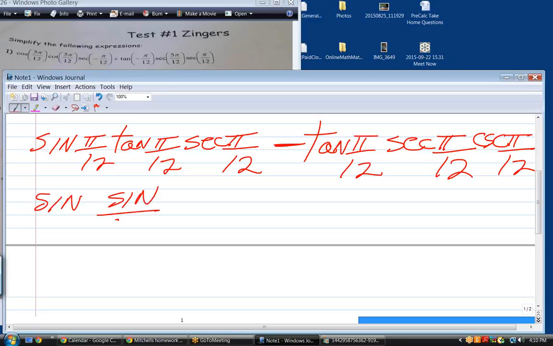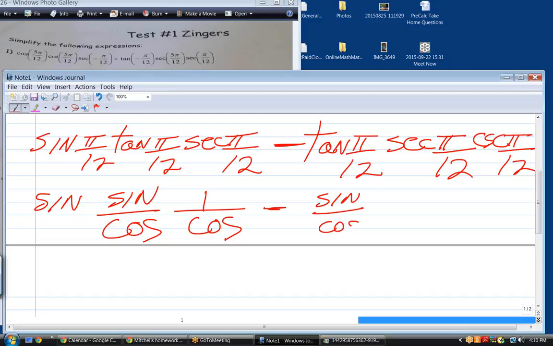What is secant? 1 over cosine. Tangent is sine over cosine. Secant is 1 over cosine. And cosecant is 1 over sine. Well, it's the reciprocal.